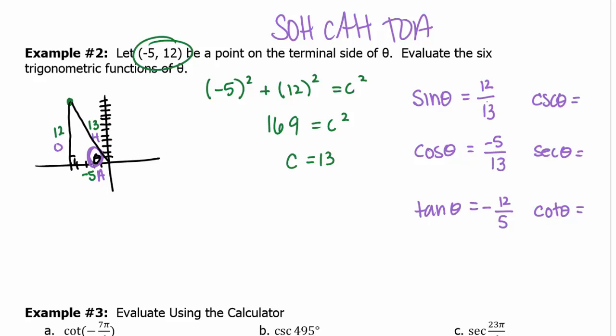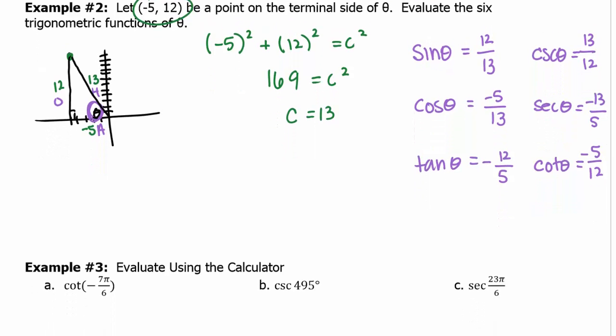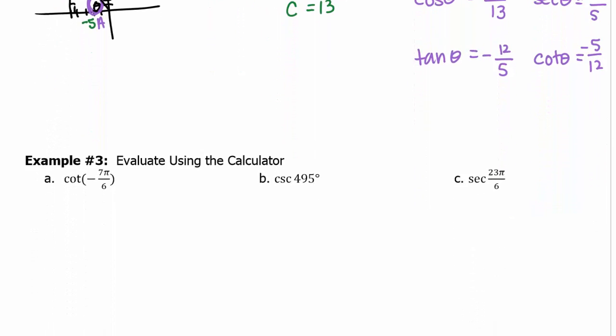To find the reciprocals, we just take each fraction. So 13 over 12, negative 13 over 5, and negative 5 over 12. And that's it. So that's how you do coordinate trigonometry. If you are not so sure about that, I suggest you rewatch one of those examples and be ready to do problems just like that when we meet next.